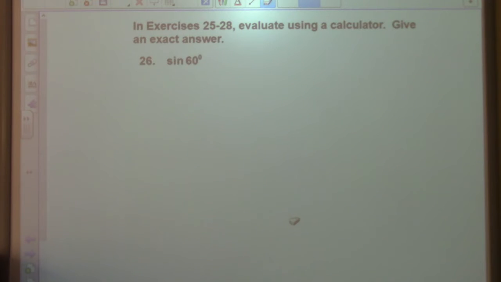Is the hypotenuse 2x, and then x, and x the square root of 3.